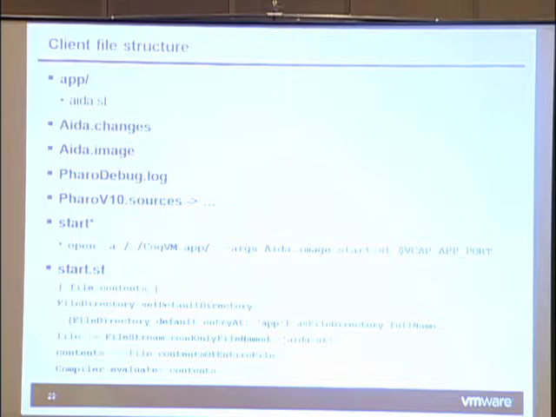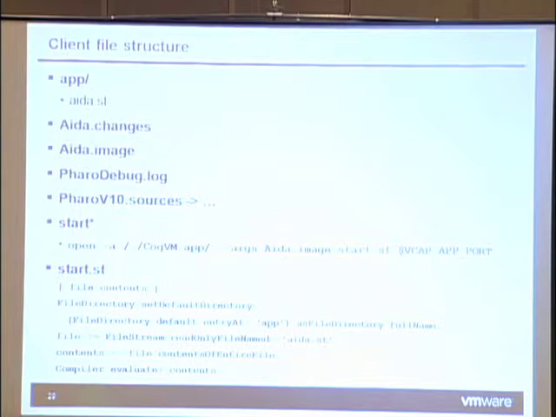So the environment we set up is to have an app directory that has the Smalltalk source code in it. Outside that directory, we have the image, changes, debug, and sources. Then the start command says: start up a Cog VM on this image with this start script, and pass in this port number. Our start file changes the default directory from the parent down to the child so that we're in our app directory.